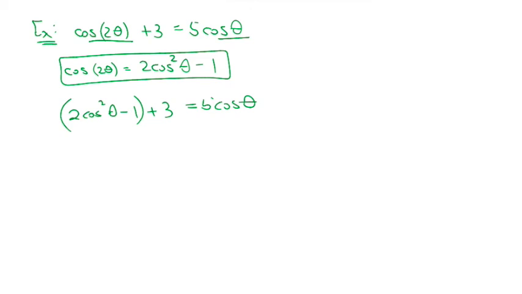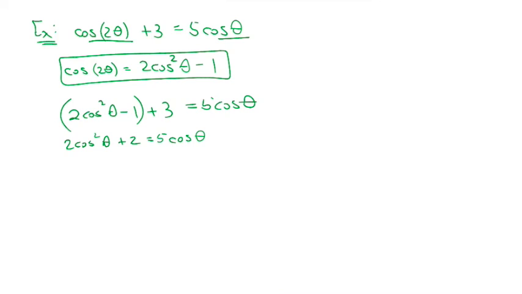Minus 1 plus 3 is 2. The parentheses I put just because I'm replacing cosine of theta, but there's nothing holding it in place, so you could just drop them. So then this becomes 2 cosine squared theta plus 2 is equal to 5 cosine of theta.